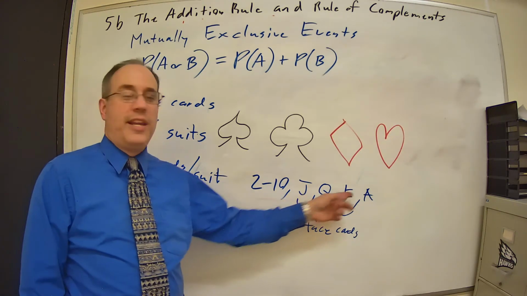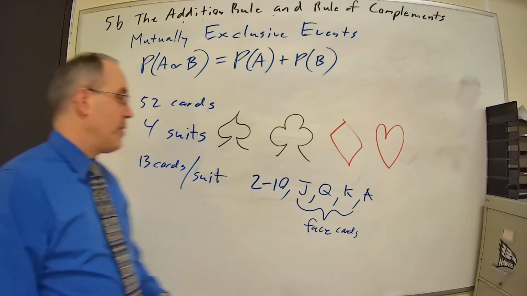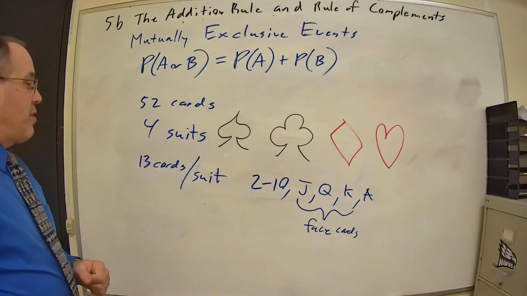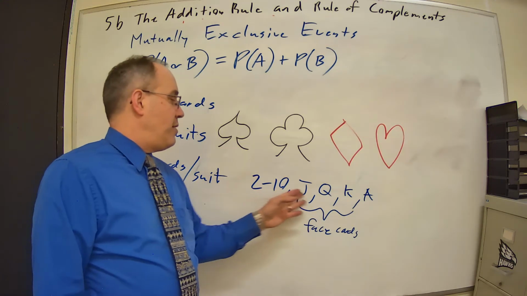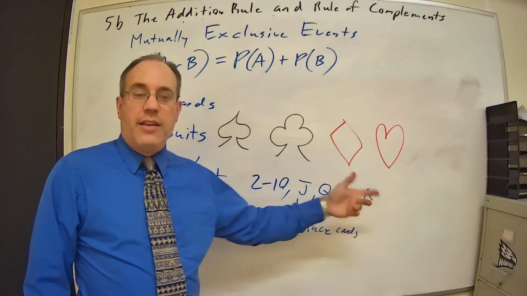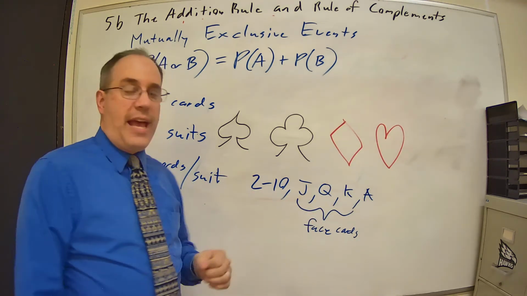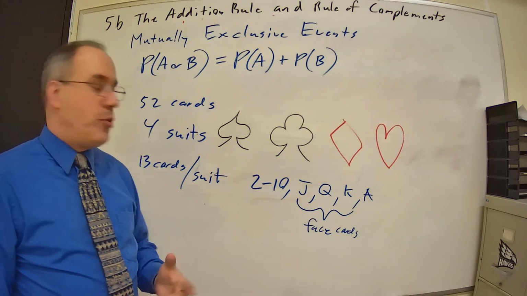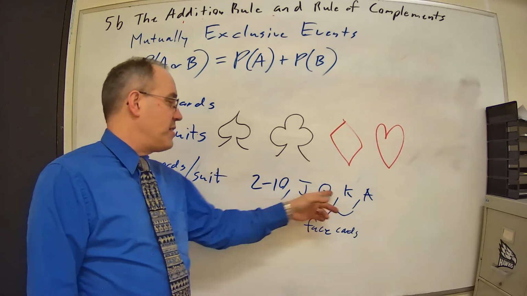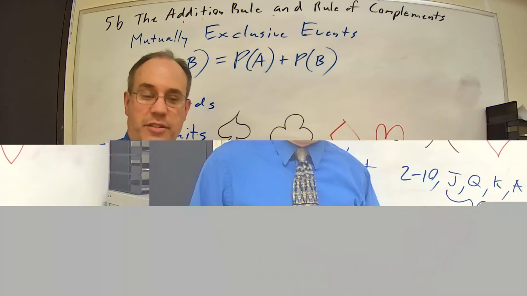So the Jack, the Queen, and the King. Now yes, Ace many times gets used as a 1, but it is not a number card. So you've got number cards, face cards, and the Ace.